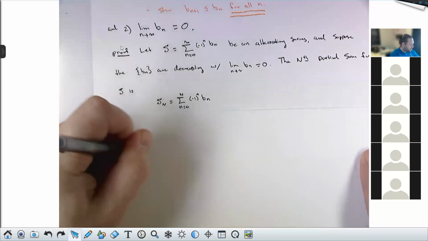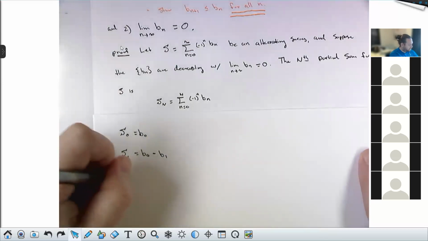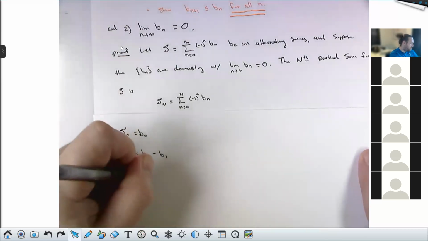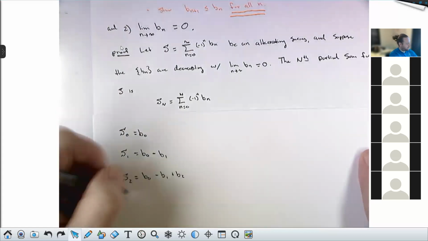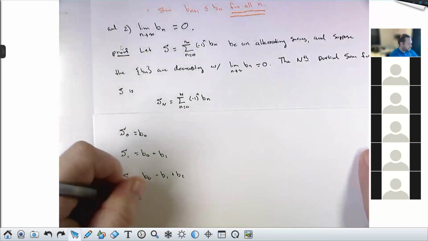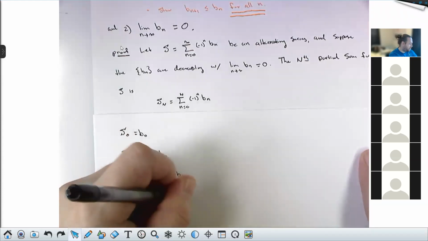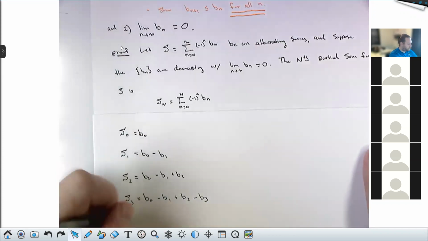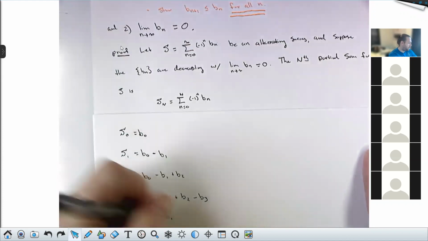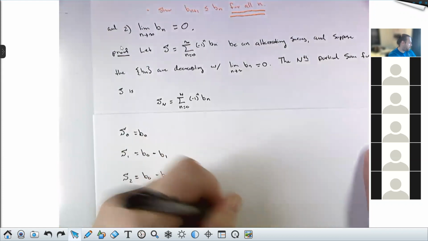S1 is B0 minus B1. S2 is B0 minus B1 plus B2. S3 is B0 minus B1 plus B2 minus B3, and so on. And I'll write one more. S4 would be B0 minus B1 plus B2 minus B3 plus B4.